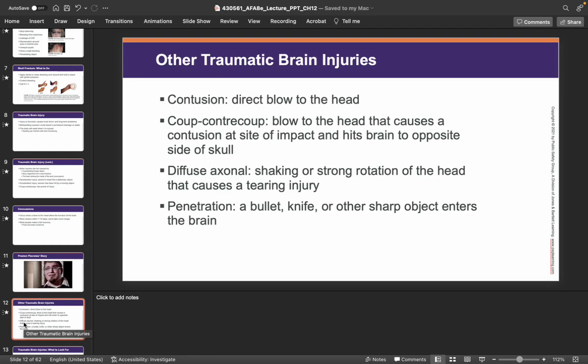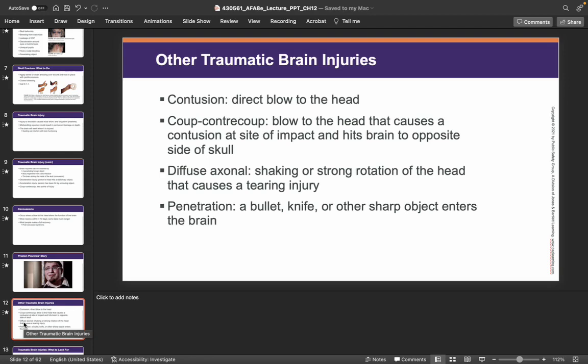A piece of his skull, should I say. So this is why. And am I trying to scare you? Maybe a little bit. But really just so that you'll take it seriously. This is life or death when it comes to concussions.